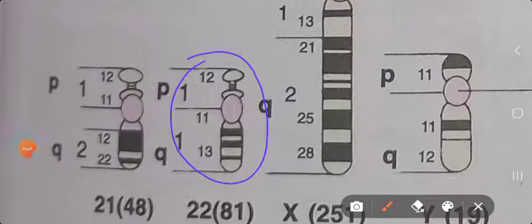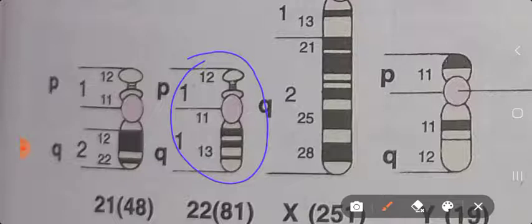Now if this 22nd chromosome occurs as an extra pair, suppose this has been taken from a gamete cell, that's why we see an assortment of only one set of chromosomes. And if there is an extra 22nd pair, then we can visualize that the patient will be suffering from Turner syndrome.